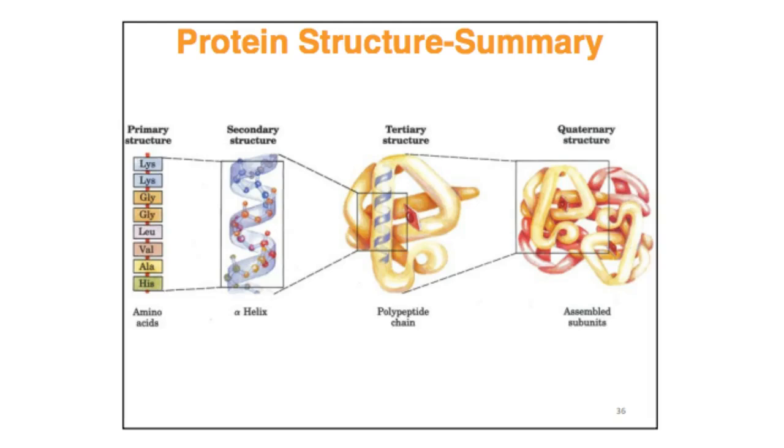And so to summarize everything as far as the protein structure, we first have the primary structure, which has a specific sequence of amino acids. And then from there, they can start to interact with each other with hydrogen bonds to form the secondary structure, which can be an alpha helix, which is notated here, or a beta sheet.